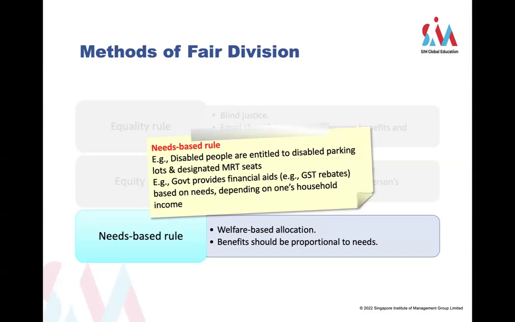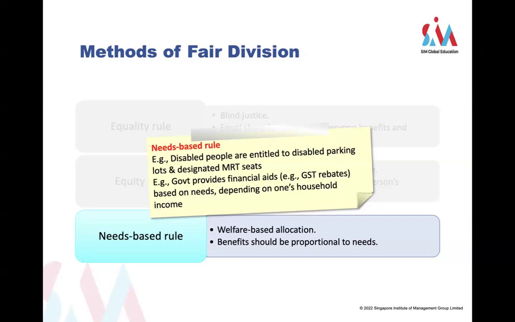Now, another example, government provides financial assistance in the form of GST rebates based on needs, depending on a person's household income. So maybe if a person is staying in a rental flat, they have no means of paying their own bills, okay? So the government will provide financial assistance. Maybe they don't even have the ability to put food on the table.